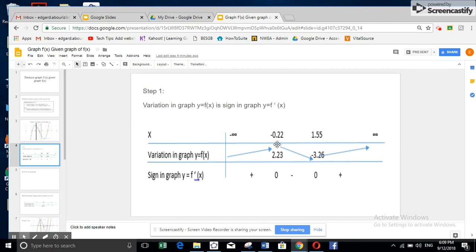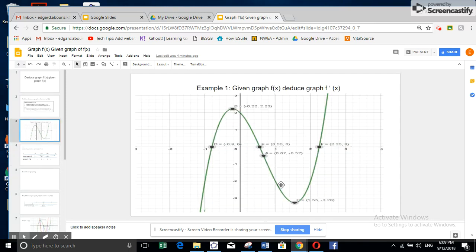Here it will be a root. We said that max and min will be roots, so 0. This is a minimum, so 0. Decreasing means minus, then increasing. So the sign will be plus 0 minus 0 plus, and you have two roots, minus 0.22 and 1.55.